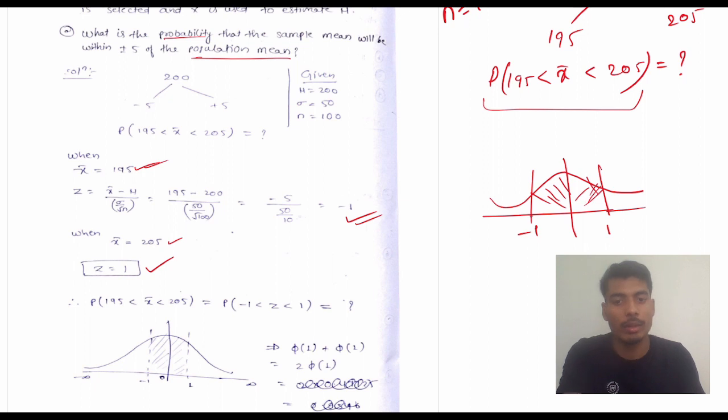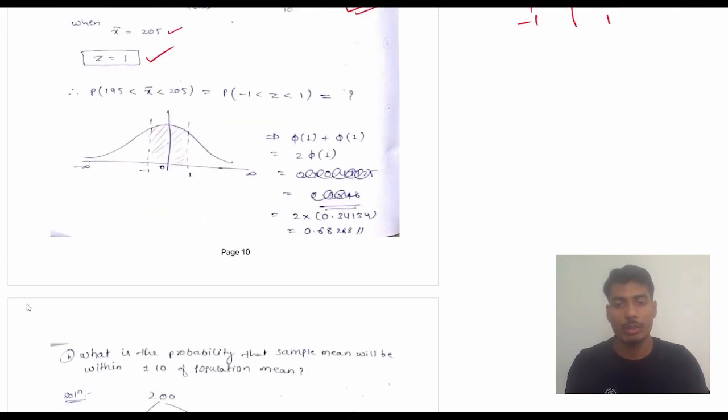This area we have to find. The area for this side is 0.3413, plus this side also 0.3413, because area is always positive. So 2 times 0.3413. Now check this value in the z table, and after solving you get the answer.